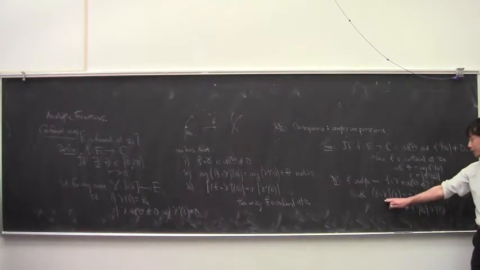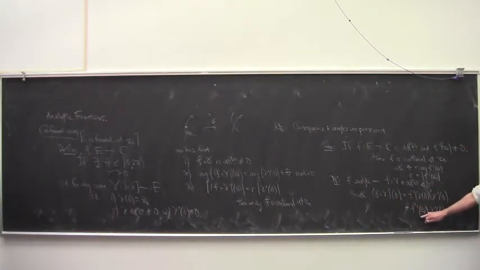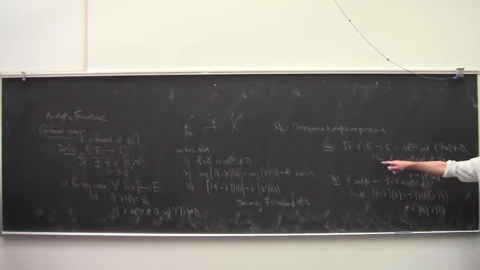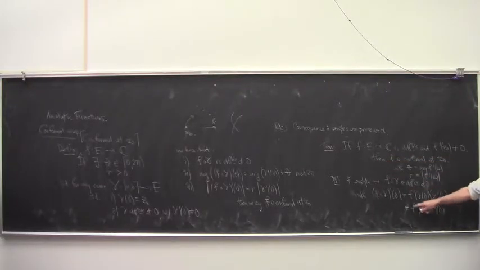The argument of this is just going to be the argument of this product. The argument of a product is just the sum of the arguments, right? And so that gives you property number 2. And then taking absolute values shows you that your r is going to be the magnitude of f prime. That's enough. So differentiable implies that you're conformal.